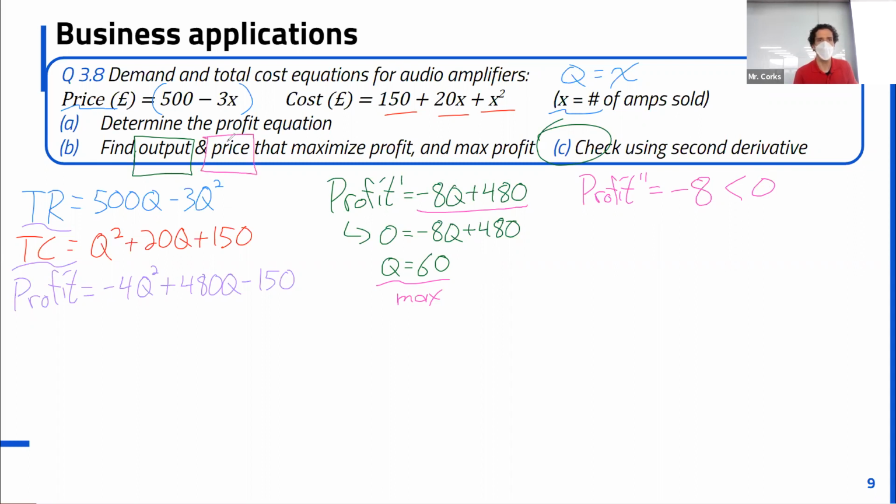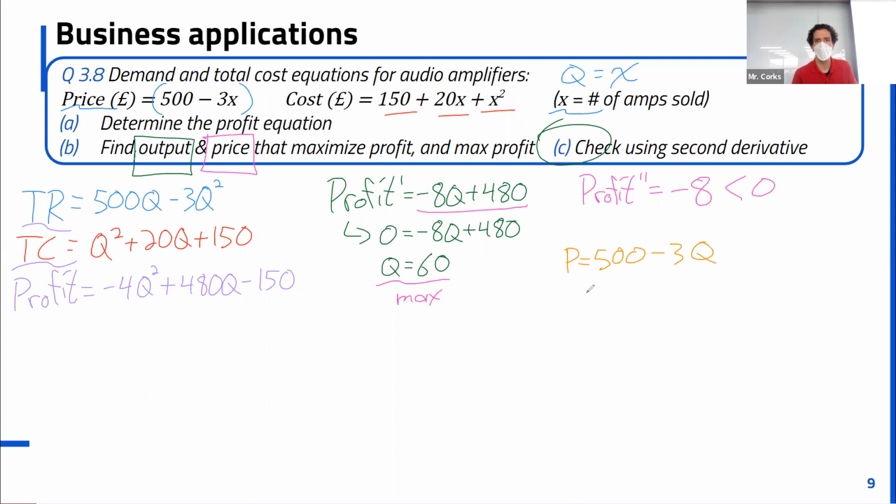We can find the price that maximizes profits with our demand equation here. So we were told P equals 500 minus 3Q.